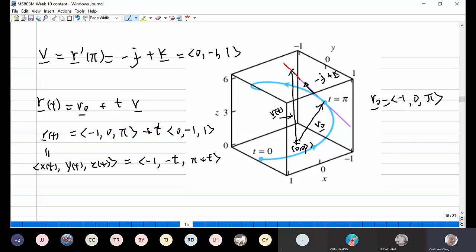So in terms of the parametric equation, your x(t) is equal to minus 1, your y(t) equals minus t, your z(t) equals t plus pi. And this is the parametric equation of the tangent line.